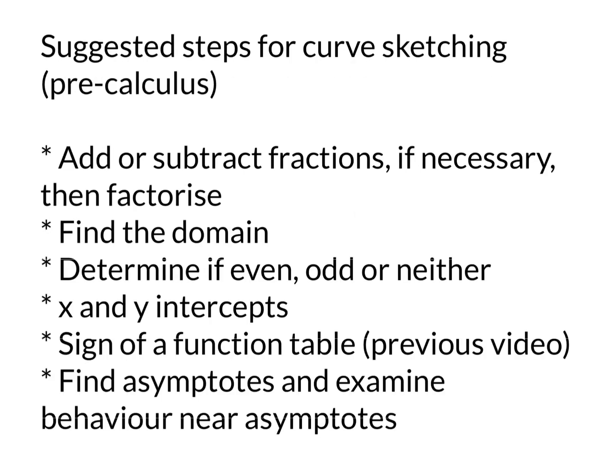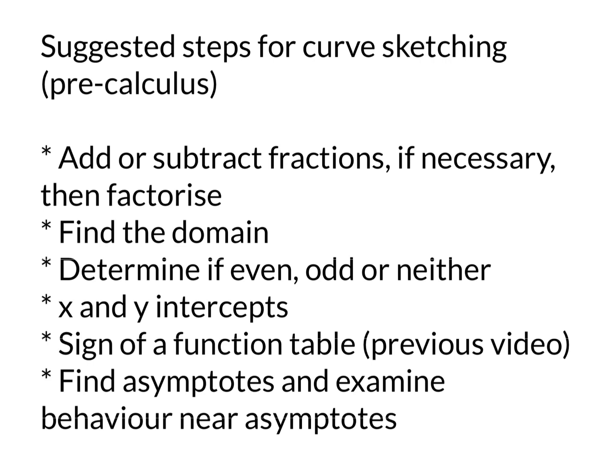So the suggested steps, and this is pre-calculus, so before we get into finding turning points. You add or subtract fractions if it's necessary, and then factorise, because that's going to help us find x-intercepts, y-intercepts, asymptotes. Then you find the domain.